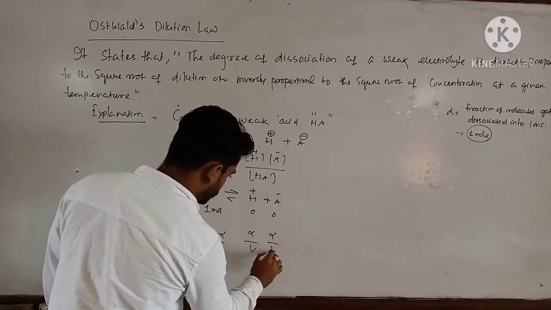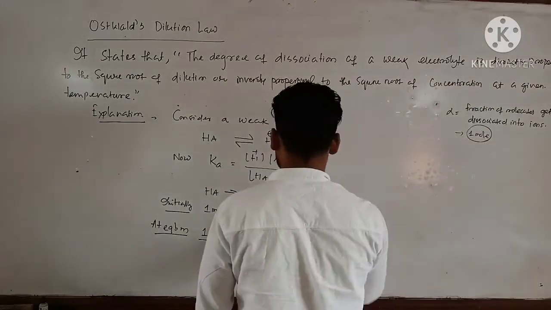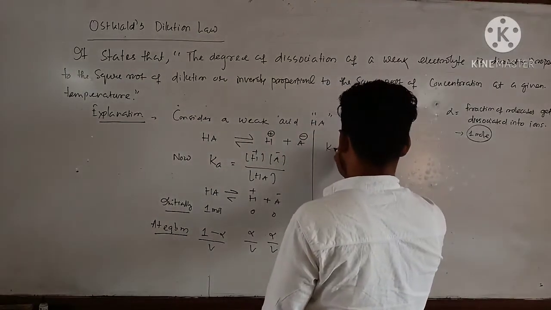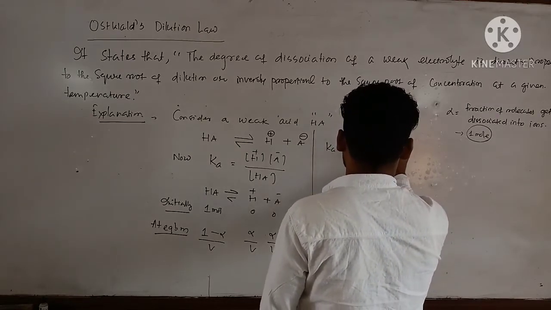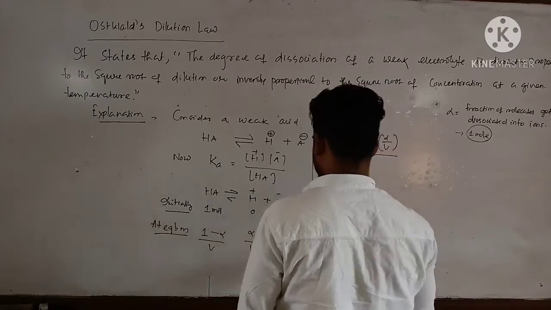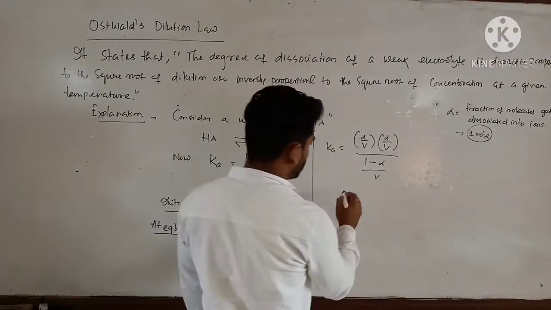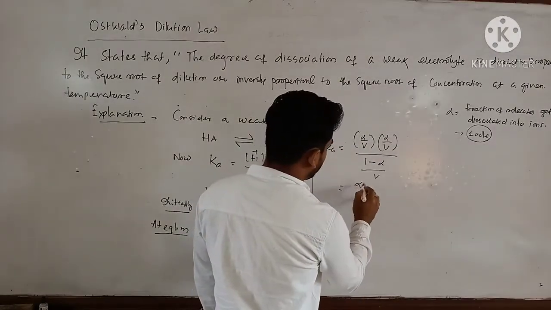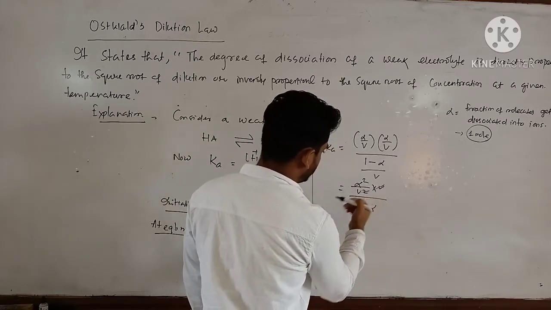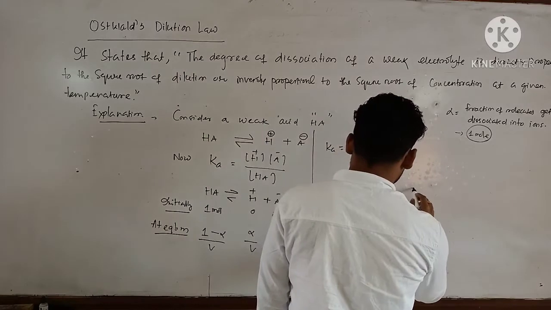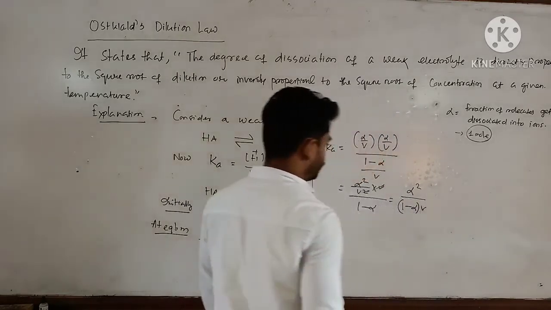Substituting all these values in the expression, Ka is equal to alpha upon V divided by 1 minus alpha upon V. That gives alpha square upon V square into V divided by 1 minus alpha. V cancels, so I get alpha square by 1 minus alpha into V.